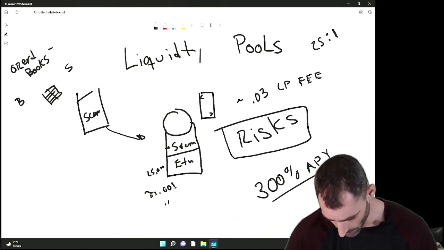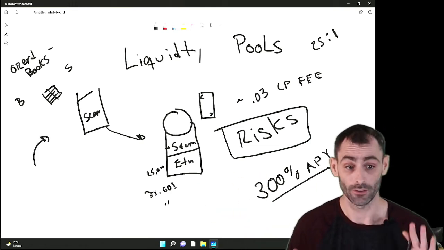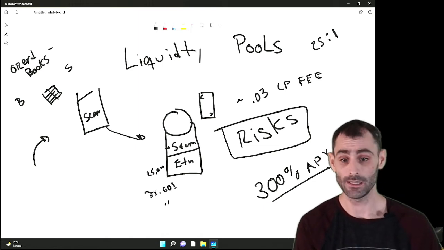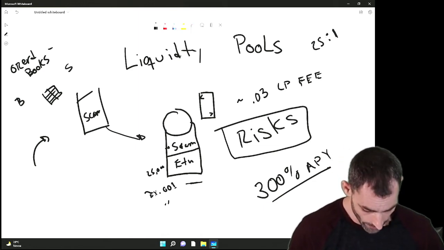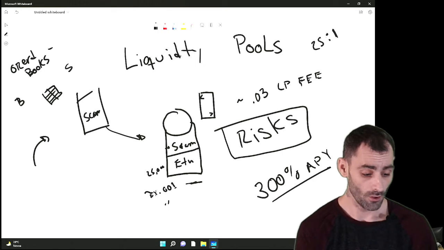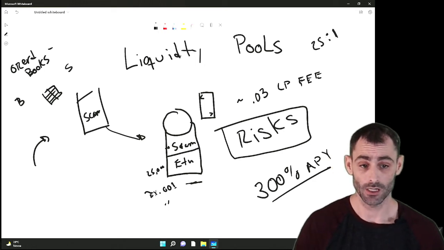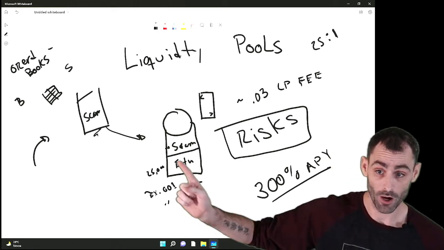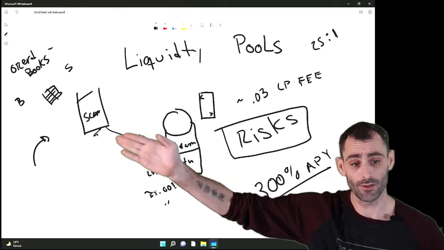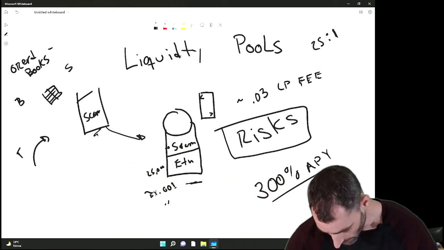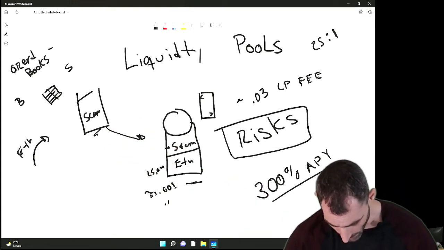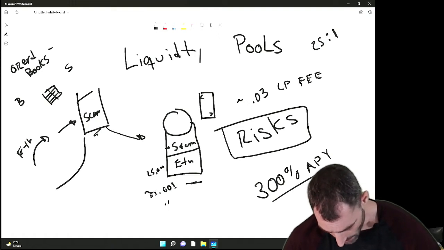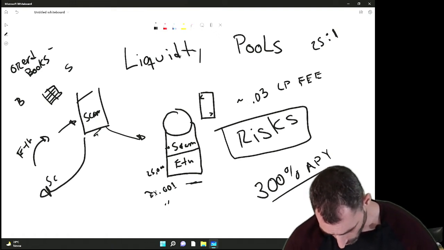Sometimes they have what's called a pre-sale. In the pre-sale, you're not dealing with a liquidity pool on an exchange. You're dealing directly with a smart contract. You give some Ethereum to the smart contract, and they mint you their Scamcoin.